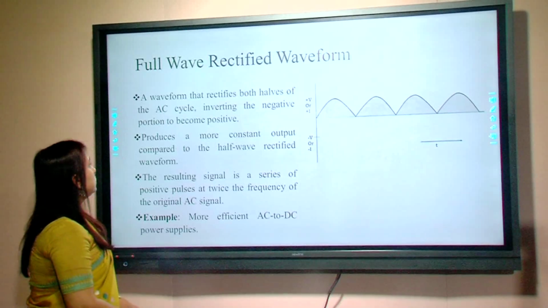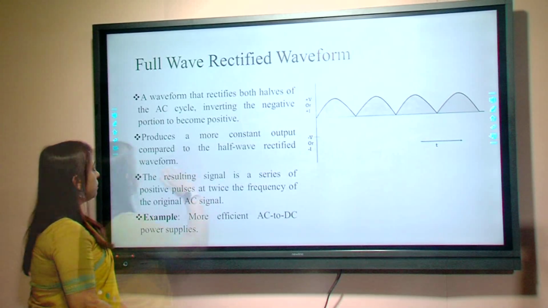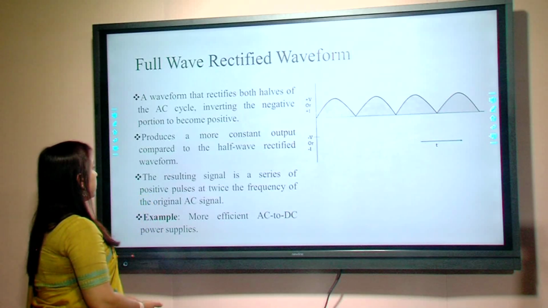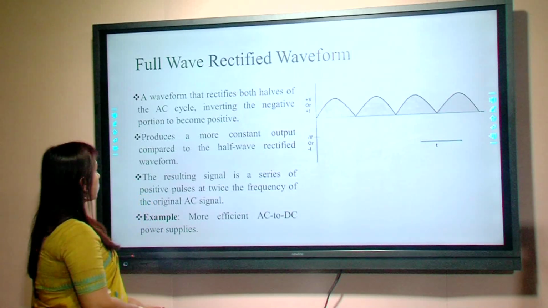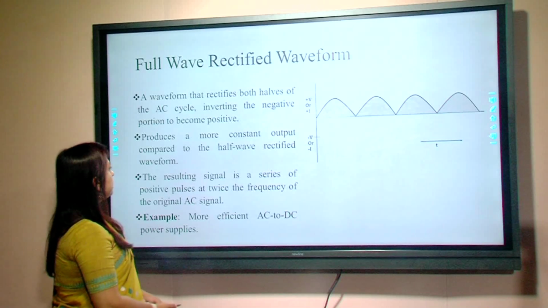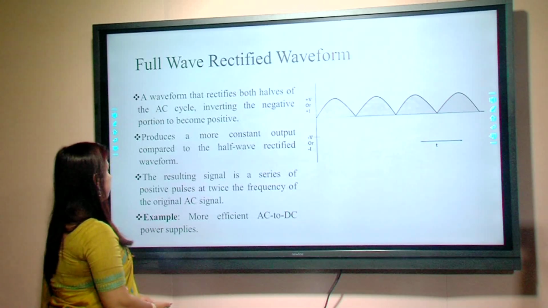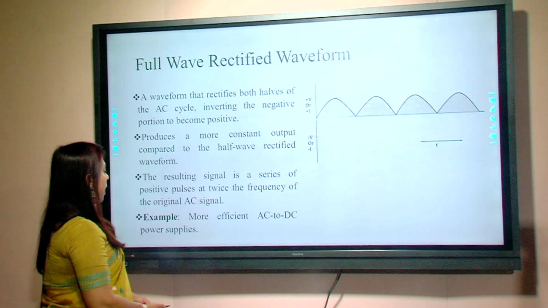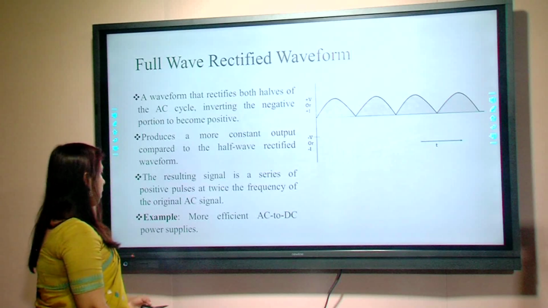Next we have the full wave rectified waveform. In case of full wave rectified waveform, the rectifier rectifies both halves of the AC cycle, inverting the negative portion to become positive. So this kind of waveform finds applications in efficient AC to DC power supplies.